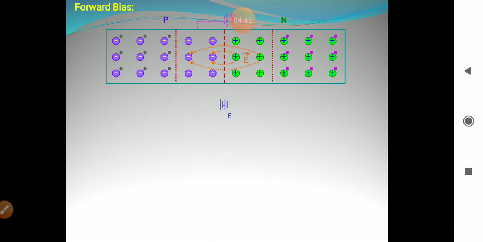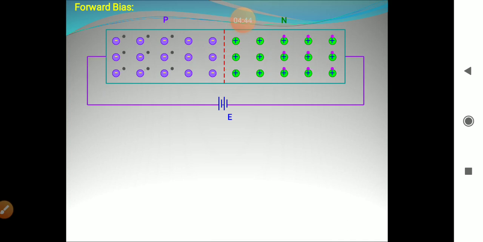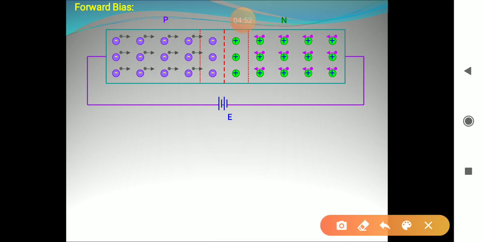So in forward bias, the p side is connected to positive terminal of battery and n side is connected to negative terminal of battery. Now the positive terminal pushes the holes towards the junction and negative terminal pushes the electrons towards the p-n junction.